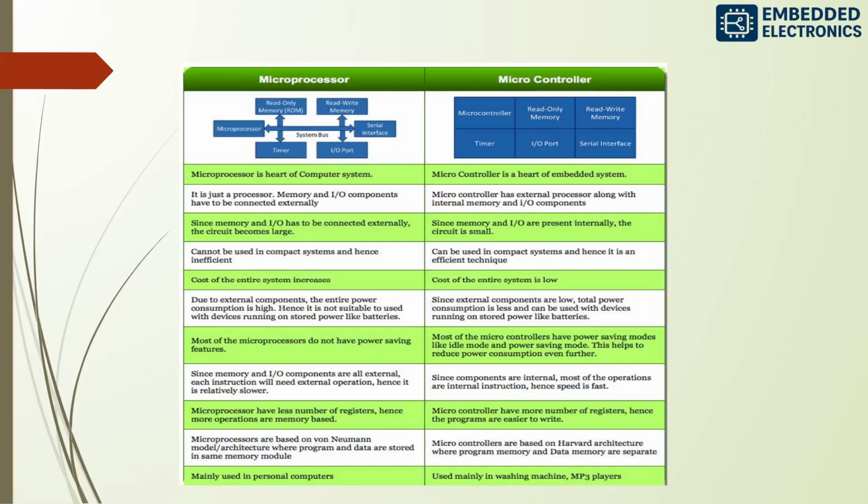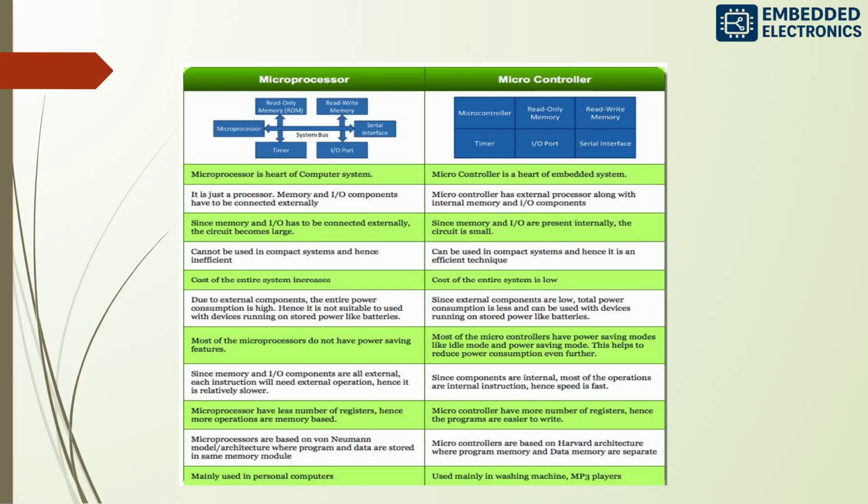The microprocessor uses external components, so the entire power consumption is high, and it is not suitable for devices running on stored power like batteries. And microprocessors have a smaller number of registers, so more operations are memory based.